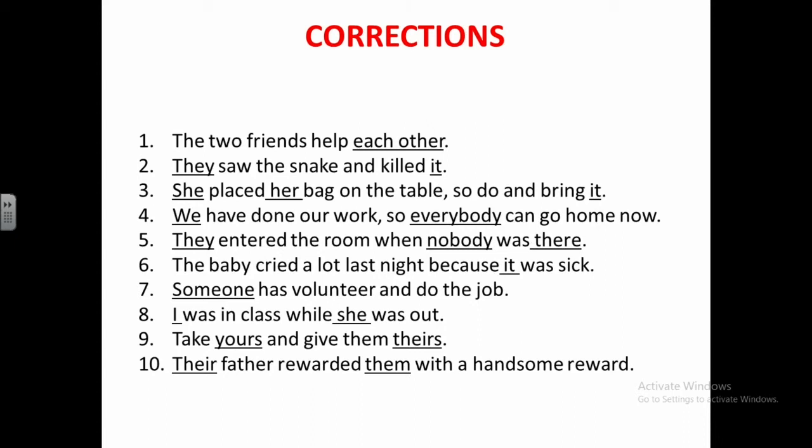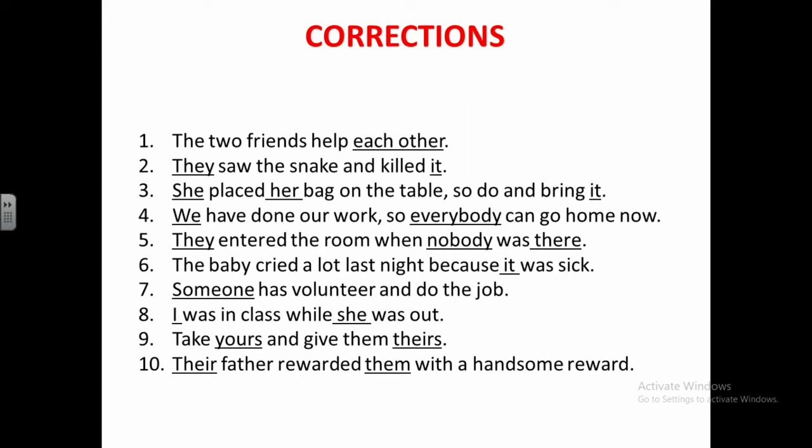Sentence 6, the baby cried a lot last night because it was sick. It is the pronoun here, replacing baby. 7, someone has to volunteer and do the job. Someone is the pronoun here.